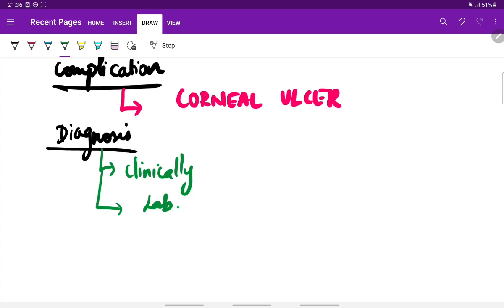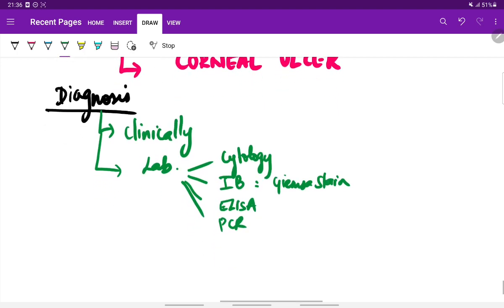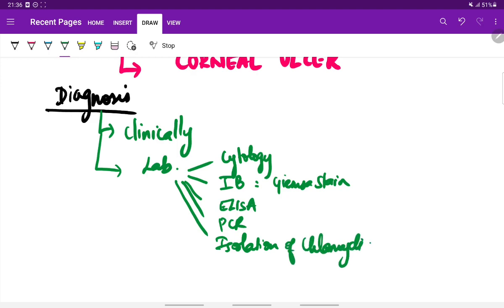The laboratory investigations include cytology, detection of inclusion bodies by Giemsa stain, ELISA, PCR, polymerase chain reaction, or isolation of chlamydia by growing them in McCoy cell lines.